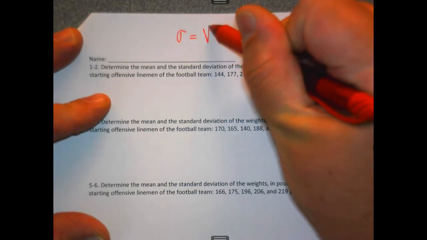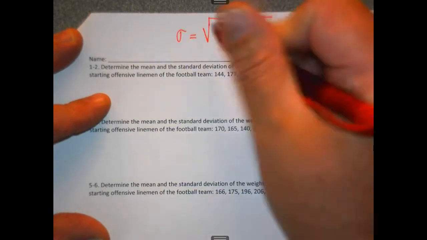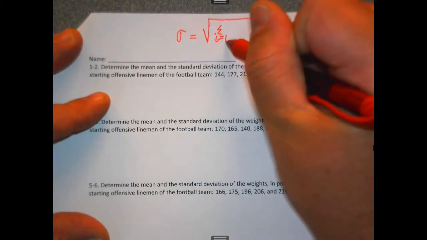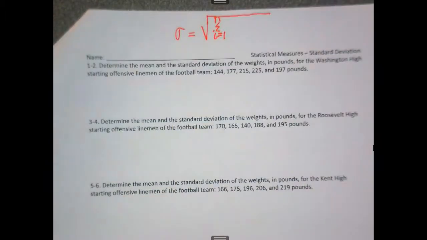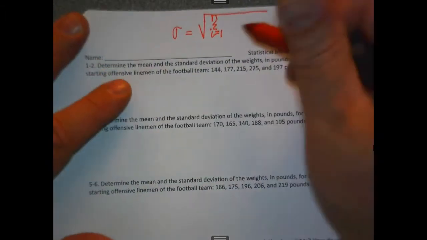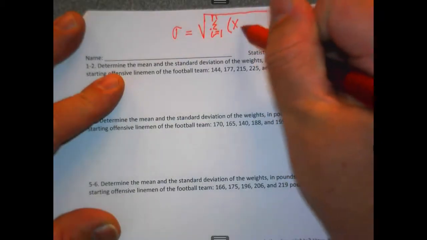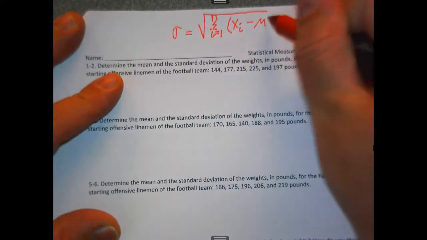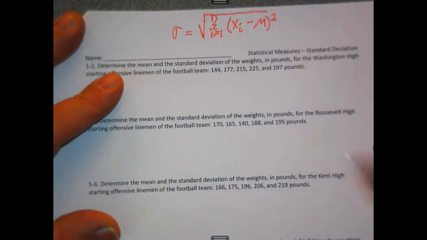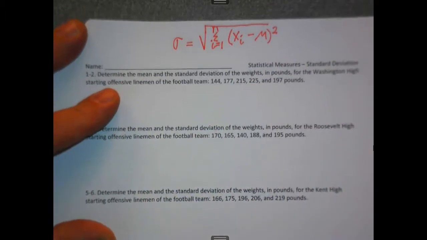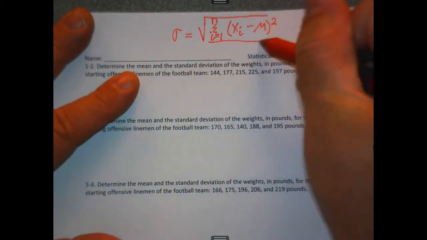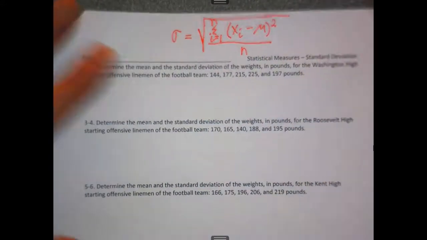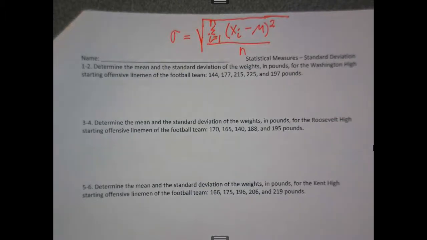It's the root of the summation of our data points where i starts with 1 and goes to the number of data points that we have, times the x of i, each one of these data points minus the mean, squared to avoid square rooting negative numbers. Then we divide that whole thing by n. So the way we did that was we made a table.